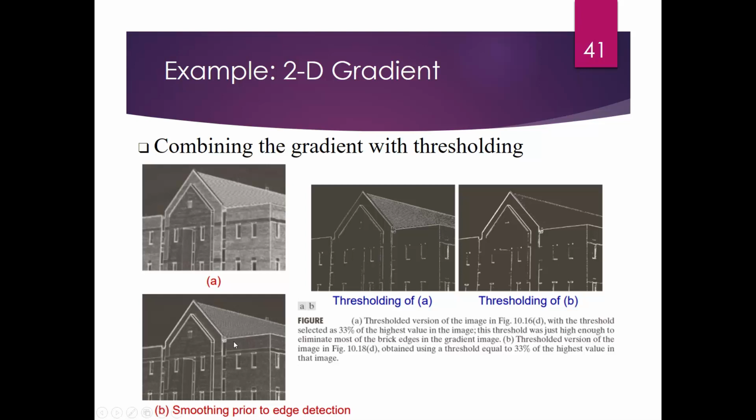Similarly, for this input image, we take the smoothed image, perform the gradient operation, and put the same thresholding condition, so that corresponds to this image. Here the finer details of the bricks are gone.